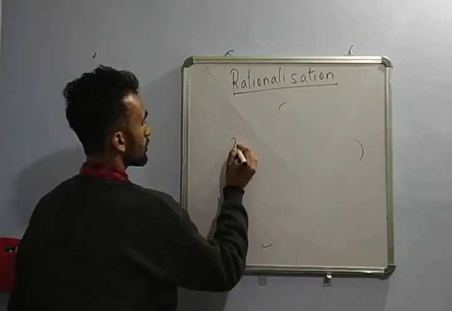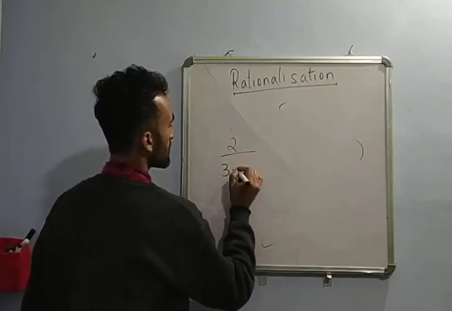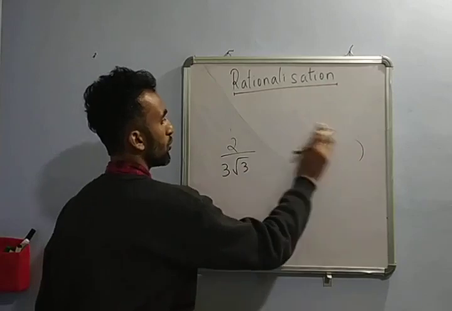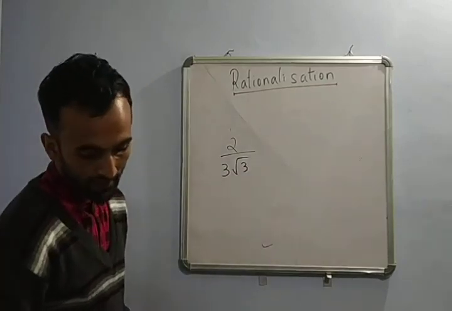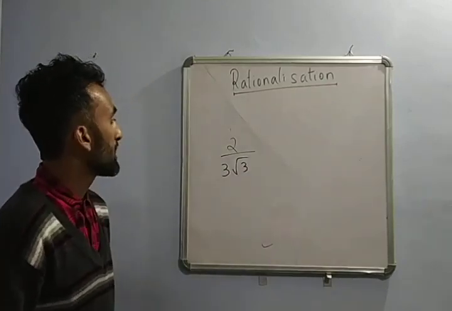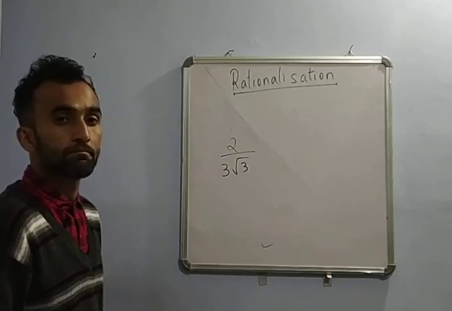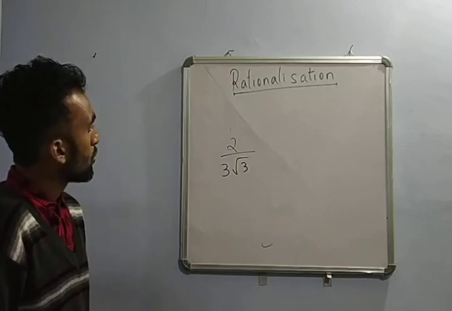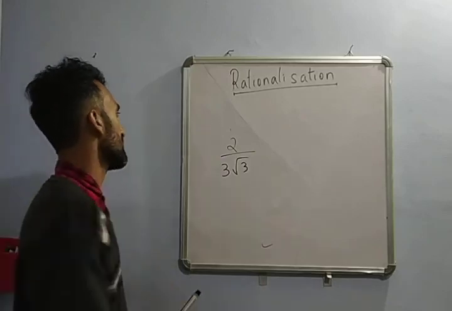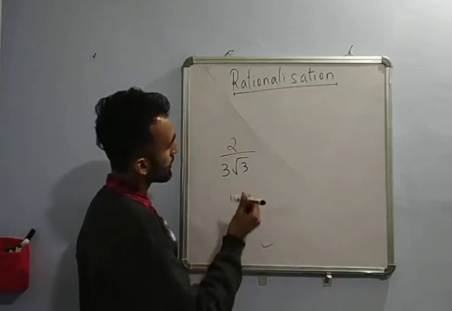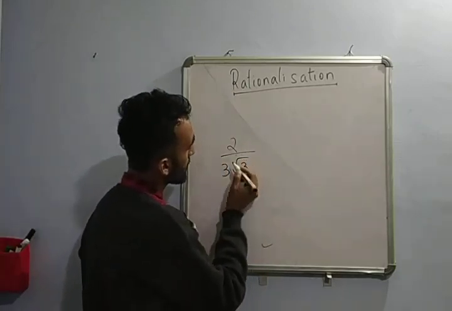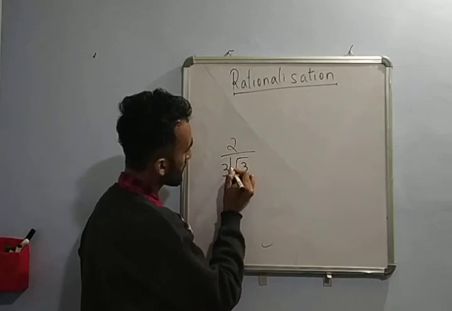Suppose I have here 2 by 3 root 3. So what is my rationalizing factor here? See here, the denominator. Forget about this 3. Concentrate here.